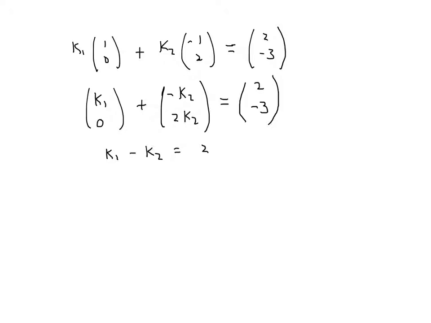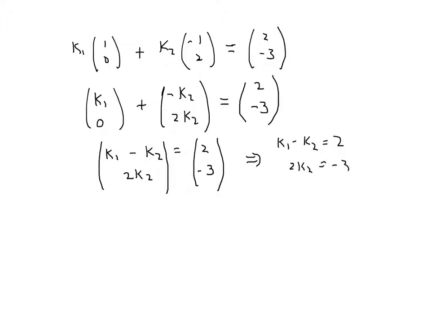So first I'll even leave it in its vector form. And 0 plus 2k2 will equal -3. Well, this gives us 2 equations and 2 unknowns.